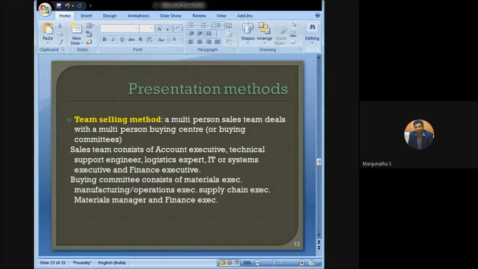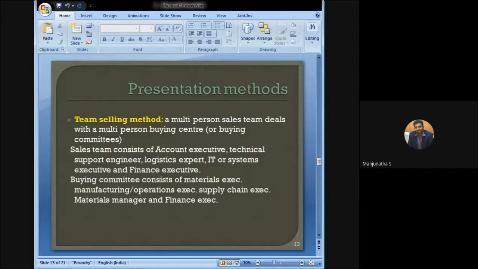The buying committee consists of material executive, manufacturing operational executive, then supply chain executive, material manager, and finance executive. In the team selling method, all the people will come and put efforts to sell the product. That is also one kind of presentation method. All the people will be there in front of the prospective buyer, so that it is very easy to sell the products to the customer.